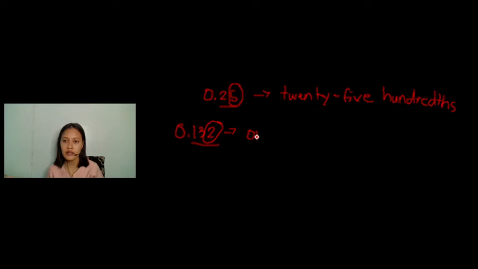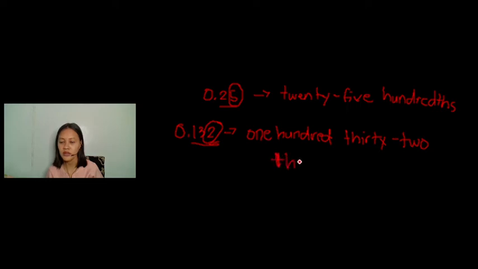So, in writing, that is 132, and what is the place value of this? That is thousandths. So, you already have the word form of the decimal number. It is that simple.